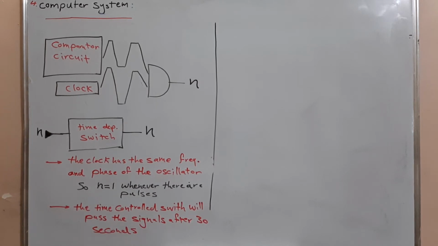The second fact is that this signal will pass through this time-dependent switch, and that switch will allow this signal to pass through it after 30 seconds, and that means it will allow it to pass at the end of charging of the capacitor.